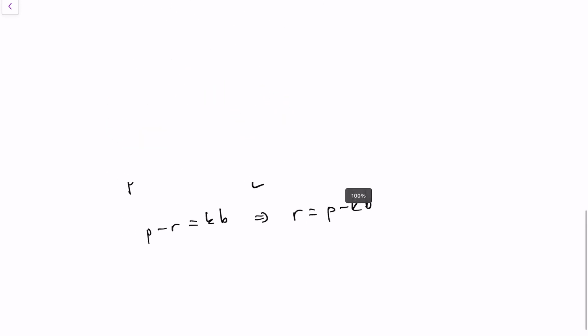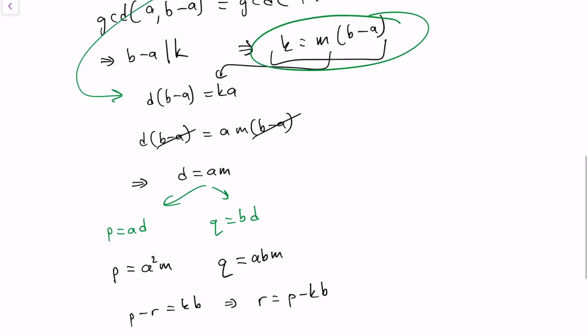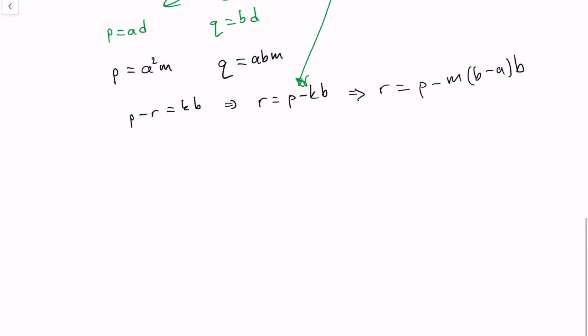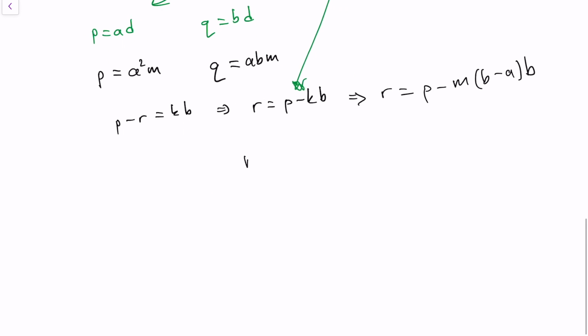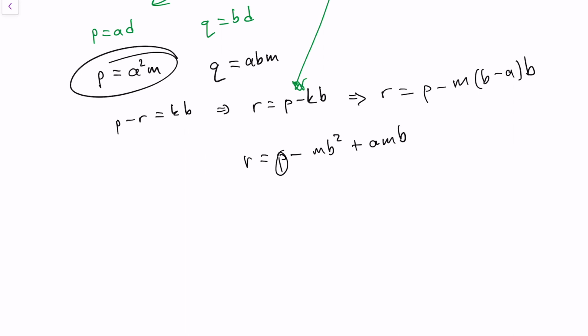Now if we plug in K, so we had K to be that, let's plug it in here. That will give us r is equal to p minus (B minus A)M times B, right? So we will have r is equal to p minus MB squared plus AMB. But we know p is that, so r is equal to A squared M minus MB squared plus AMB.